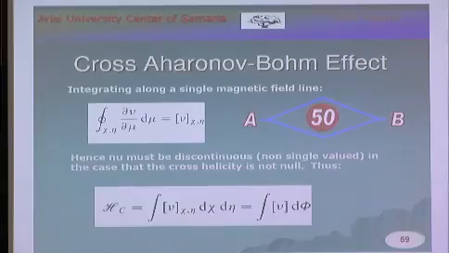Now, the trick goes the same as before. You look at a single magnetic field line, and you see that unless nu is non-single valued, then you would not have any contribution to the cross helicity. So it must be a non-single valued function to have a non-trivial cross helicity.